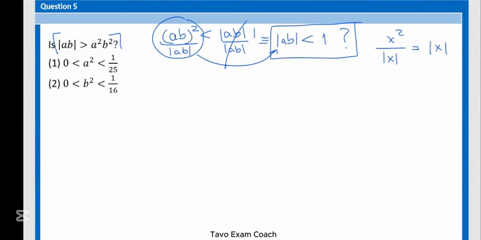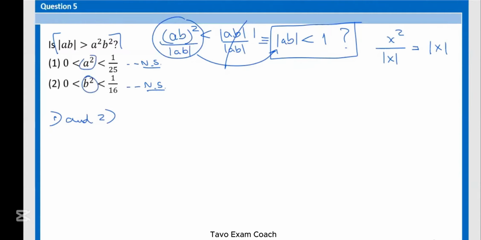Clearly, we can see that none of the statements gives me the possibility to answer in a unique way, because each statement contains information only about one of the variables. So we needn't try to connect them. Since here we have two inequalities, we can try and find a range of values for the product of these two.